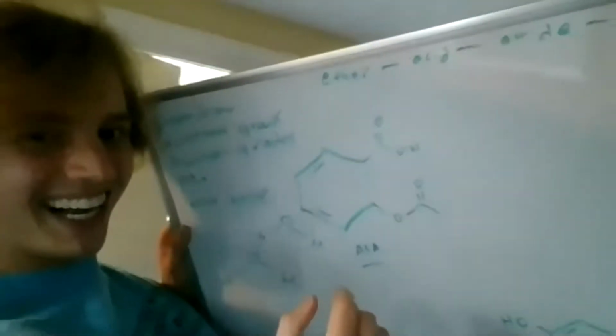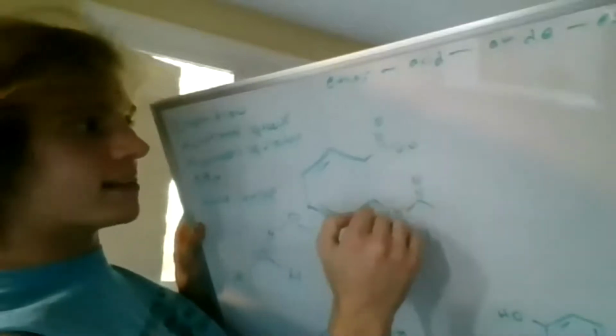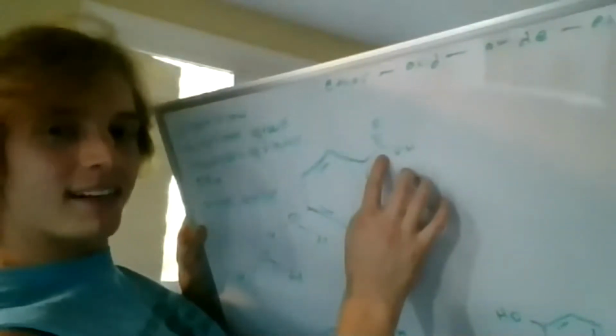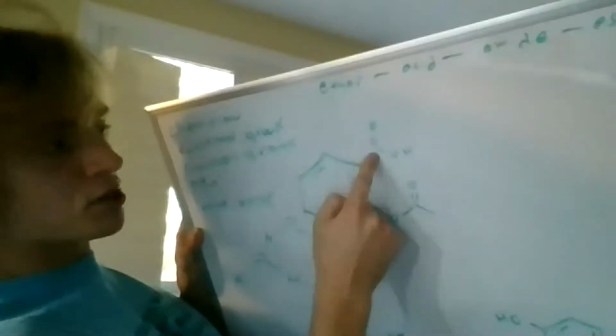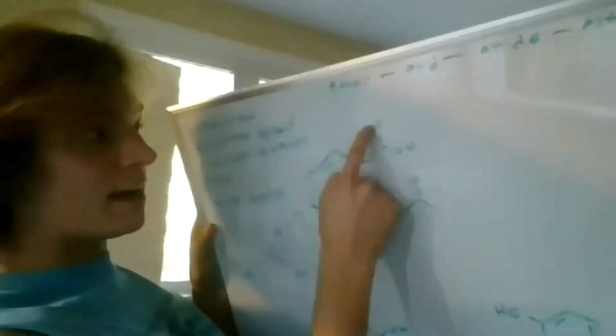So let me give you guys an example. Here we have ASA, but I'll just reference this carboxylic acid. So here we have a carboxylic acid, okay? We know the electronegativity of the oxygen is incredibly high. So here, we have a partial negative charge on the oxygen and a partial positive charge on the carbon, because it's a carboxylic acid, and the oxygen is much more electronegative than the carbon.